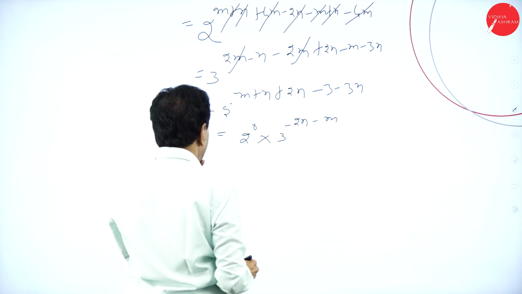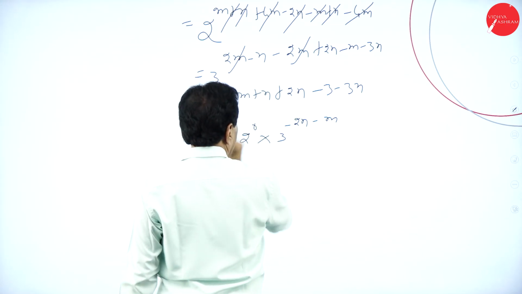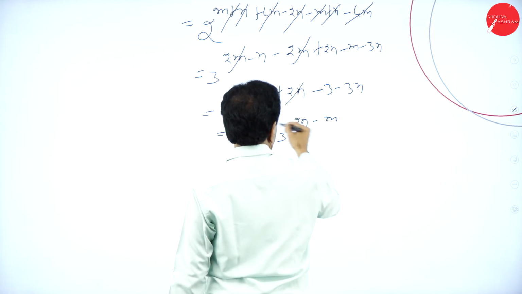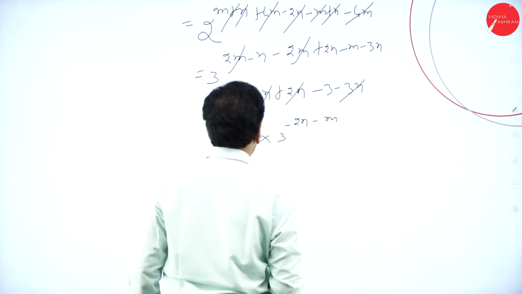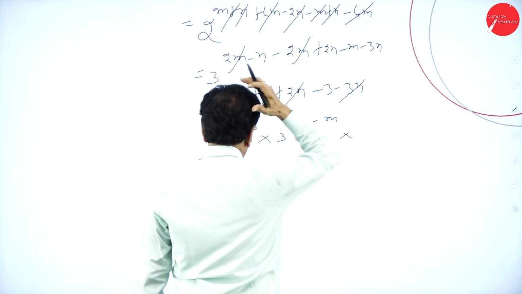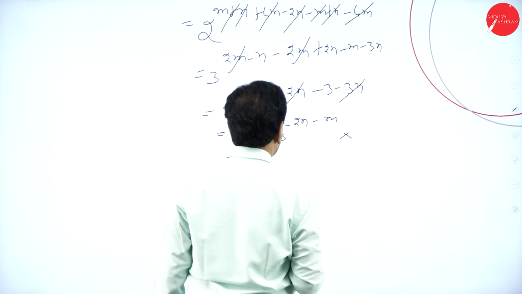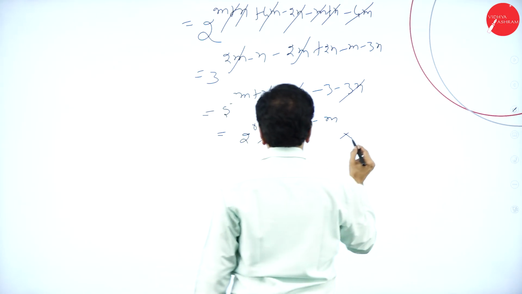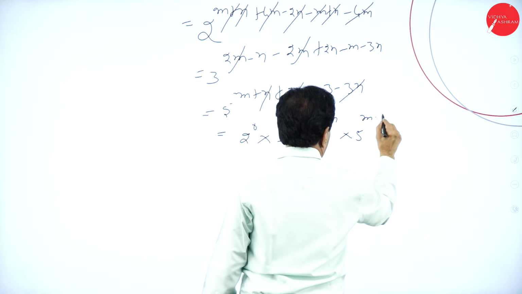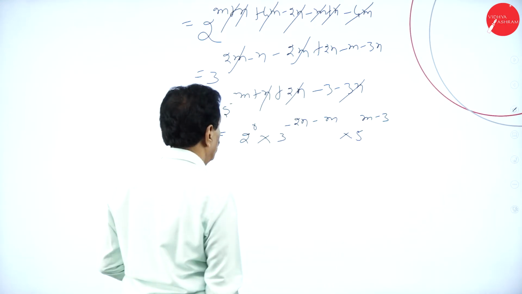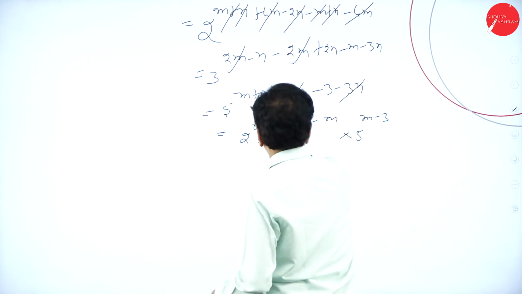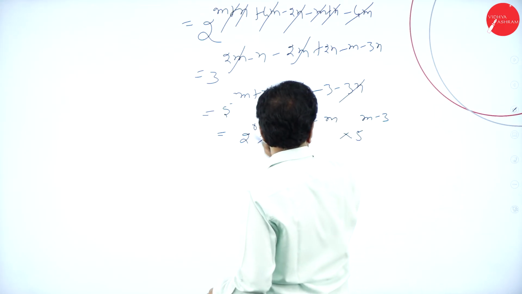Then regarding this, m is there, 2n cancelled out, then 5 to the power of m minus 3. 5 to the power of m, 3n.